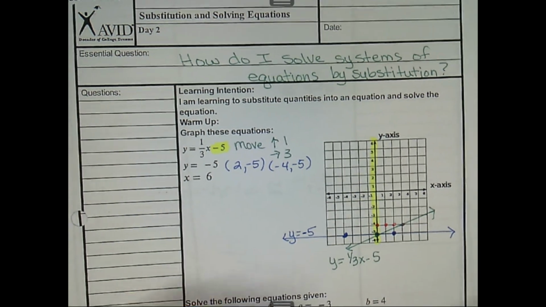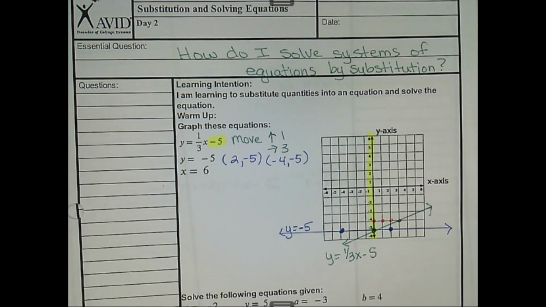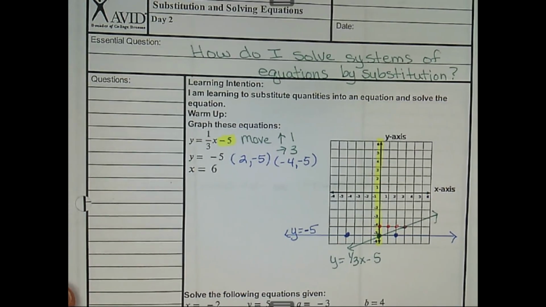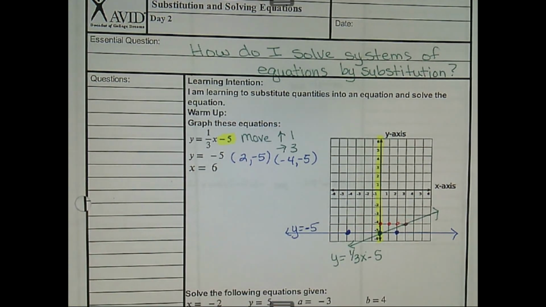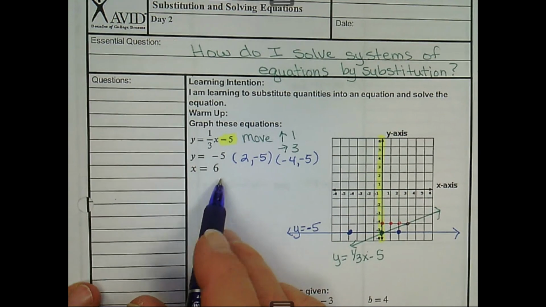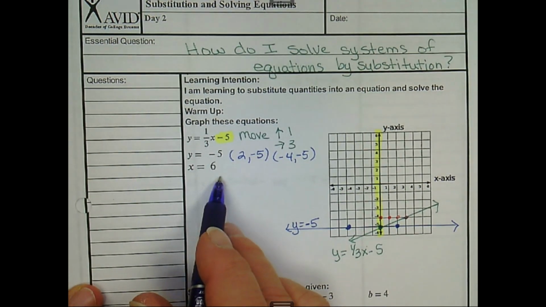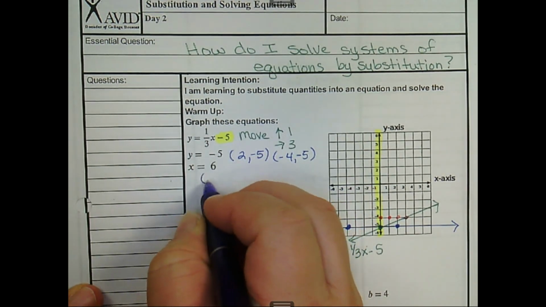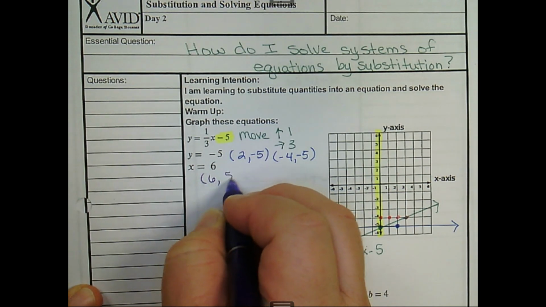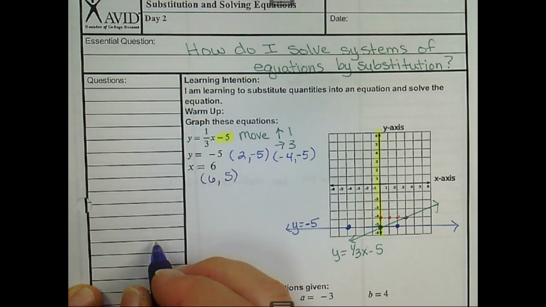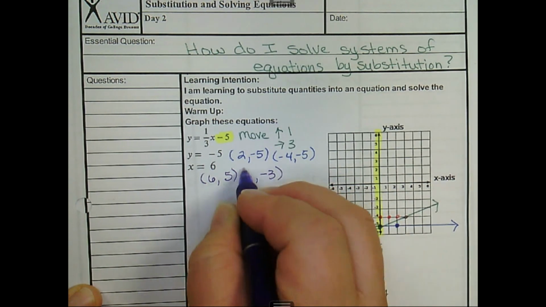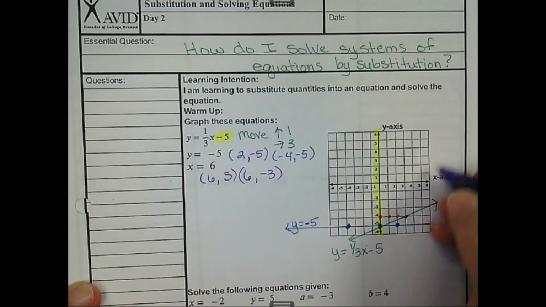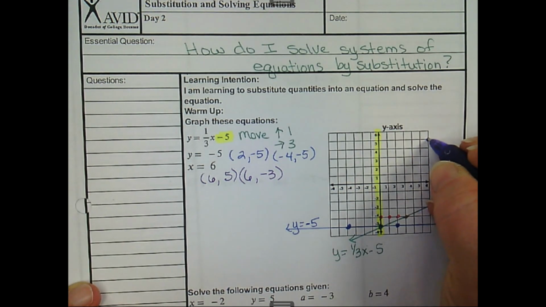Okay, y is equal to -5. If y is equal to -5 is horizontal, we know x is equal to 6 must be the opposite, which would be vertical. What do I know about every point? It doesn't matter what y is, but x is 6. So points like 6, 5 would work. 6, -3 will work. So I go over 6, I go up 5, that's one of the points.